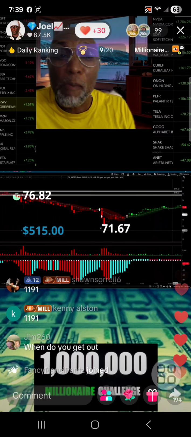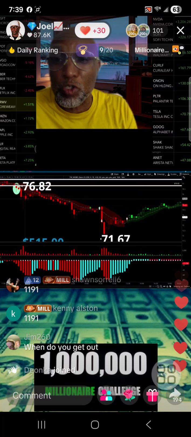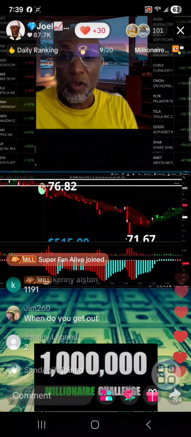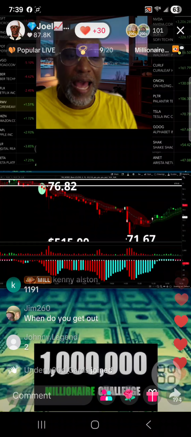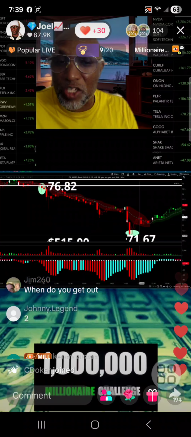how many green candles did you guys see in 3 hours on this chart. I'm going to show you guys on this chart from where I got in or would have gotten in to where I got out. How many green candles do you guys see on that chart?